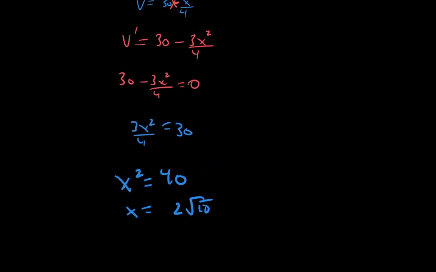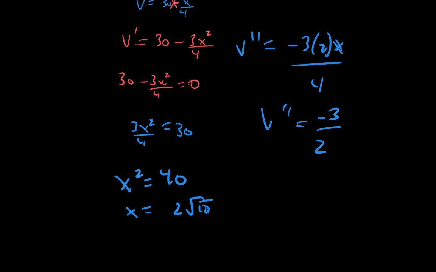And we could take a second derivative, which would be minus 3 times 2X over 4, and this is less than 0 for our 2 root 10.